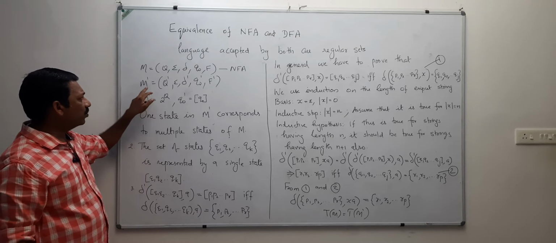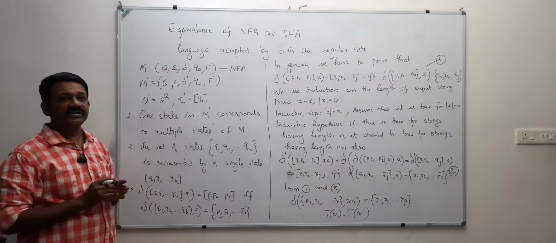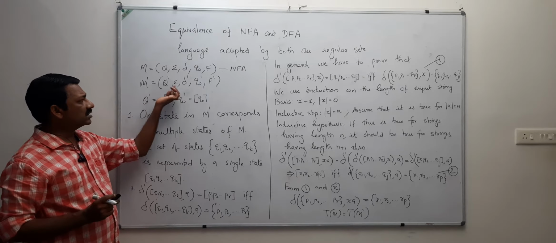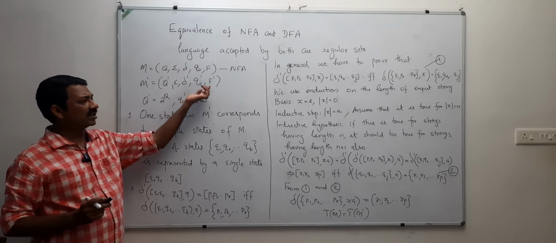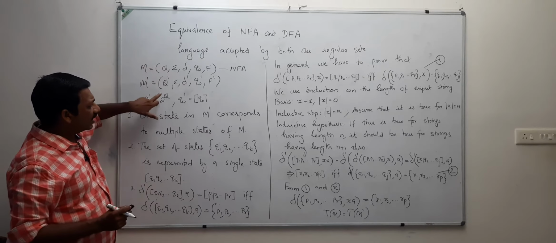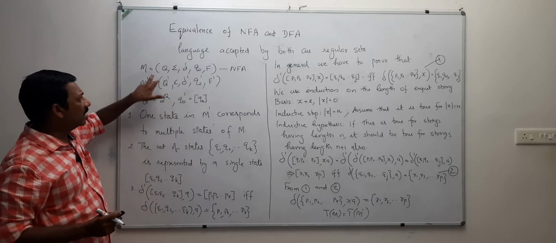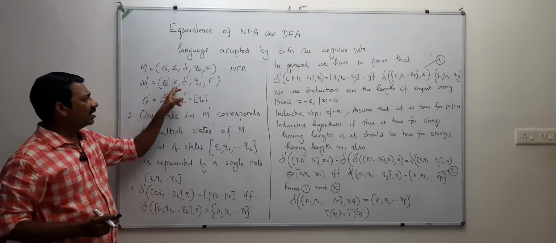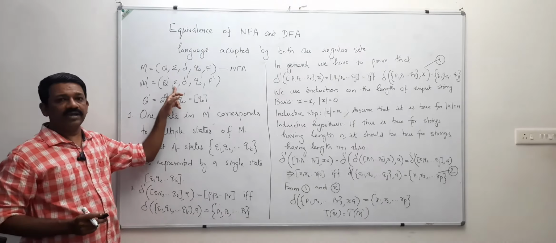And now you are going to have another automaton which is deterministic, and there we have Q dash, sigma, delta dash, Q0 dash, and F dash. That means here we have another set of states. The input alphabet is the same.